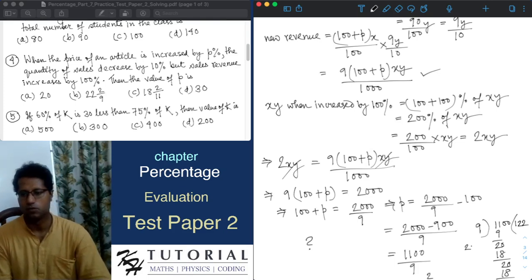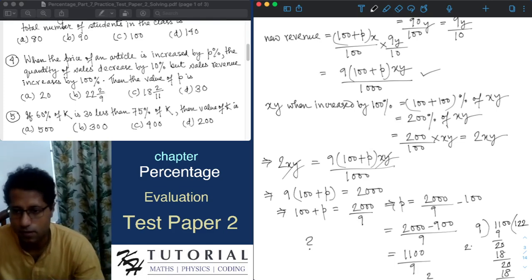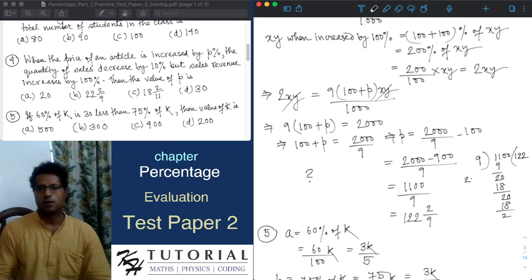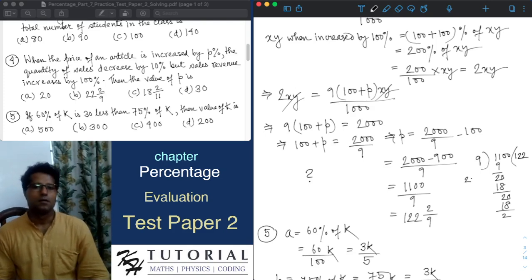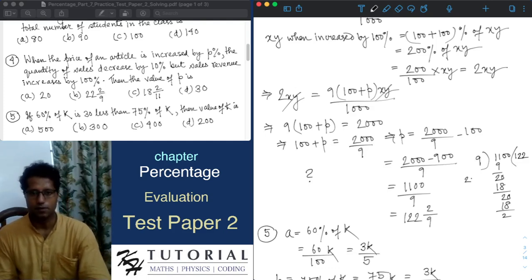This is equal to 2000 minus 900 by 9, which is equal to 1100 by 9. This should be equal to 122 and 2 by 9. I think there is high possibility that in choice B, it should be 122 instead of 22.